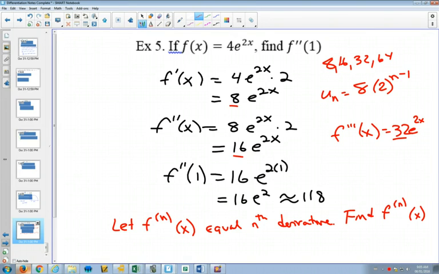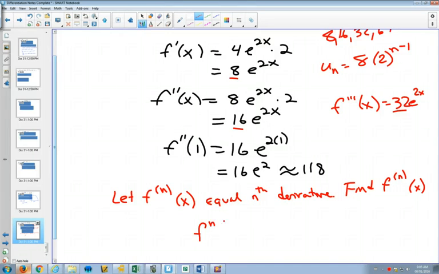So now my nth derivative, fn of x, will equal... now we've got a formula for the number in front, and the e to the 2x would stay the same.